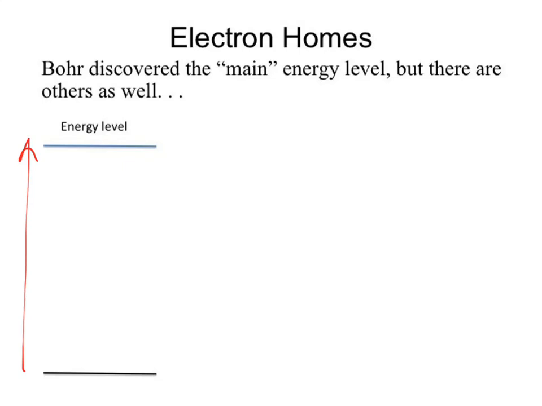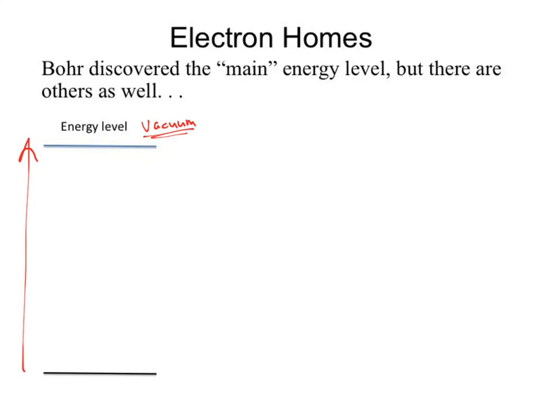Eventually we reach the vacuum, and in the vacuum our electron is no longer associated with the atom. We can't have an electron existing in a home with the atom if it's in the vacuum, because the vacuum means it's not with the atom anymore.